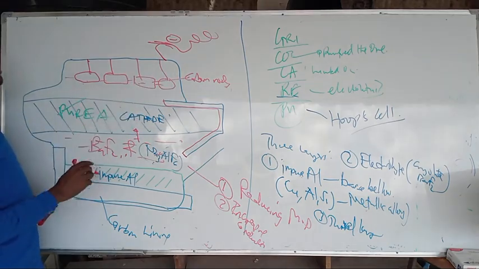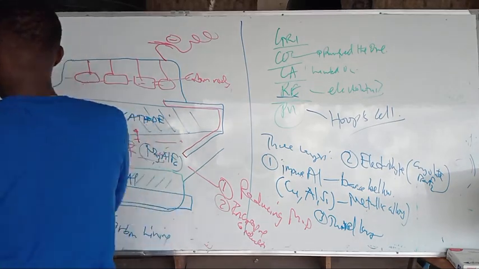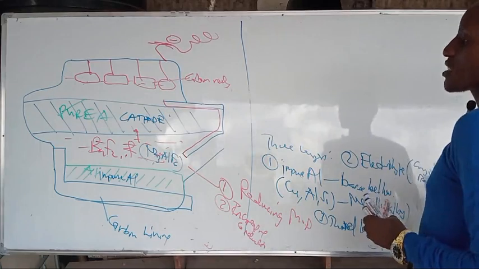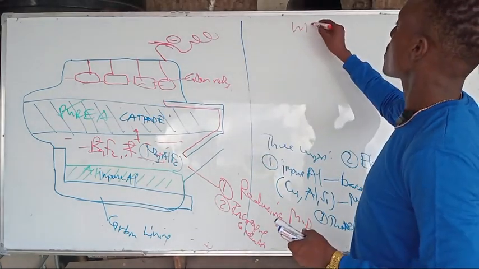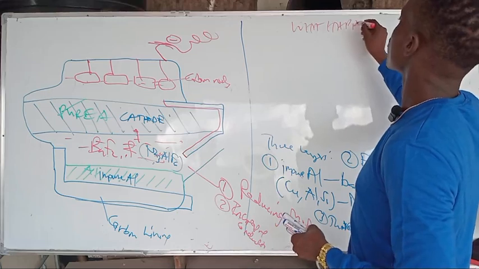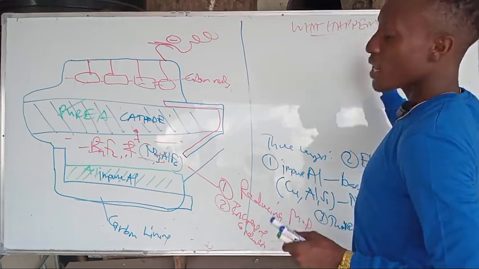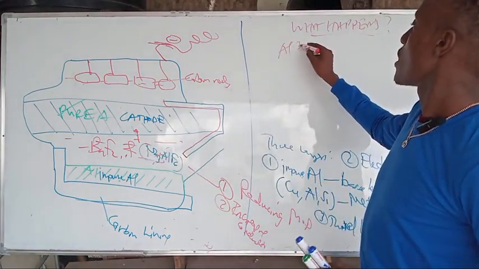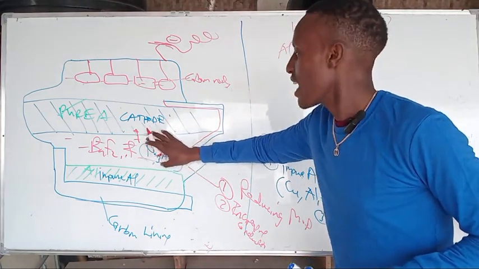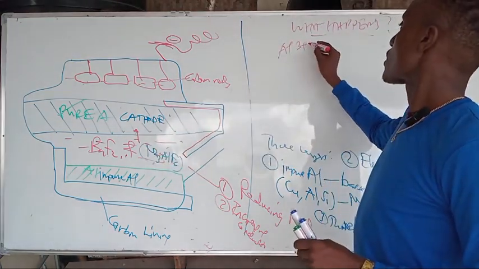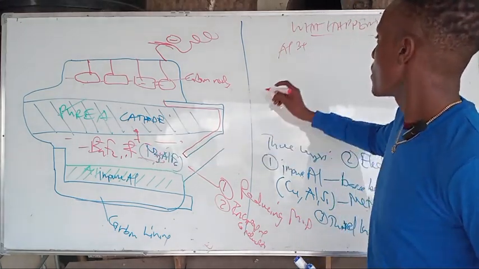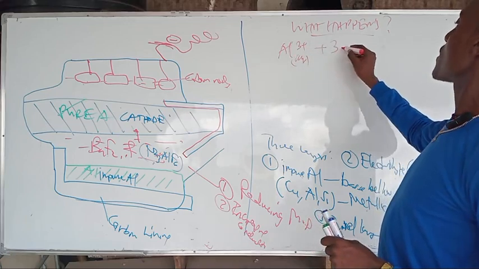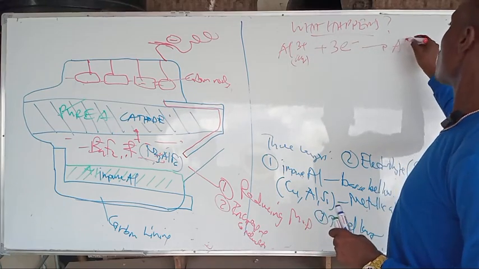So what happens here? The mechanism. What happens in the cell itself, after knowing the structure that it has three layers? What happens here is aluminium ions from the cryolite mixture, then added with free electrons, form the solid.